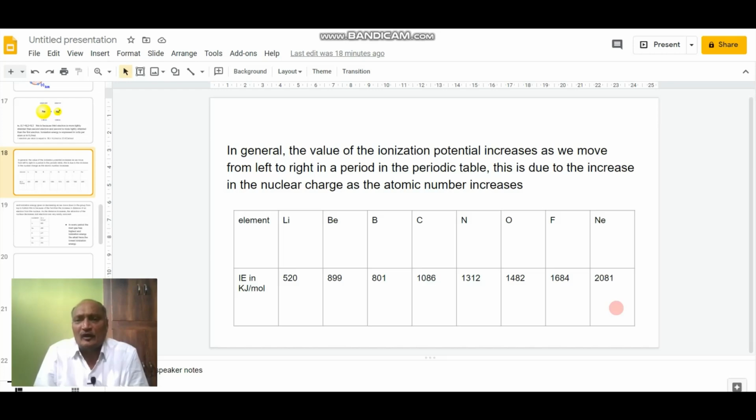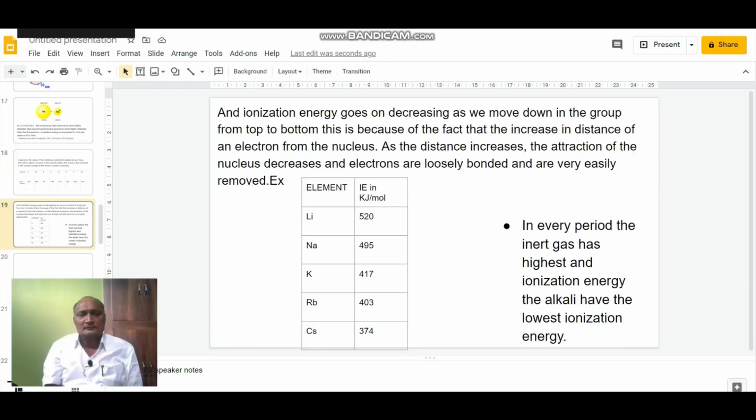That is, as we move from left to right in a period, the ionization energy values increase, and this increase is due to the increase in the nuclear charge as the atomic number increases.